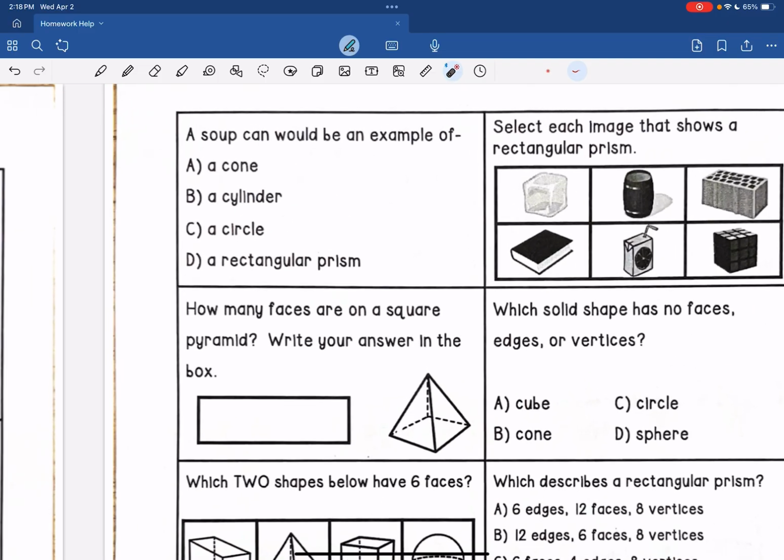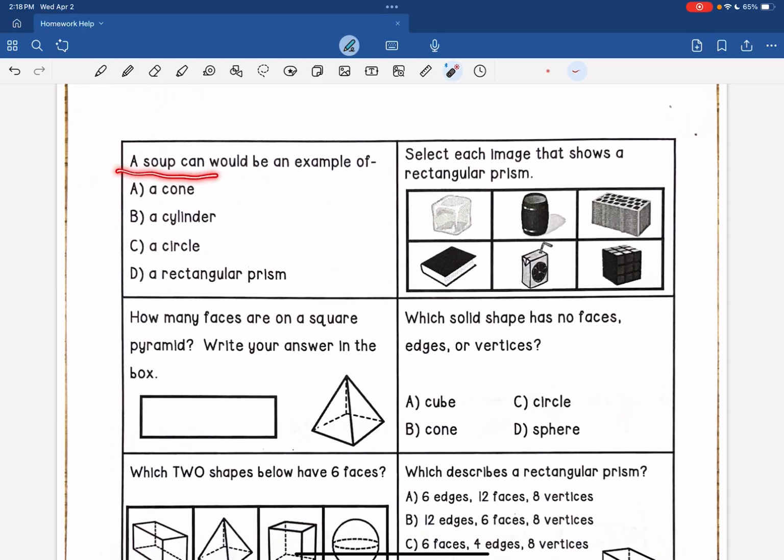Okay. Here, the top question says, a soup can would be an example of, and then it lists several different shapes. A can probably isn't going to be a cone. It might be a cylinder, because a cylinder is a circle on top and bottom, sort of looks like a can.